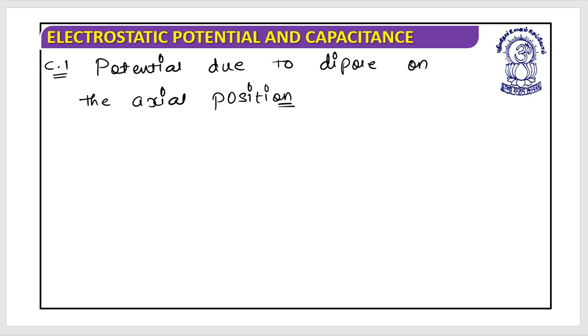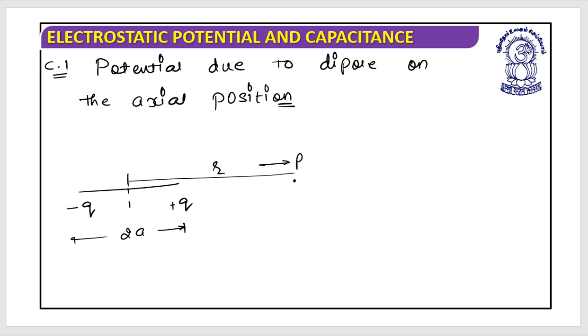So what I can write is that this would be the minus q, this would be the plus q. Let's say this is the separation 2a. This is the midpoint, and from this point, this is point P, with separation r.